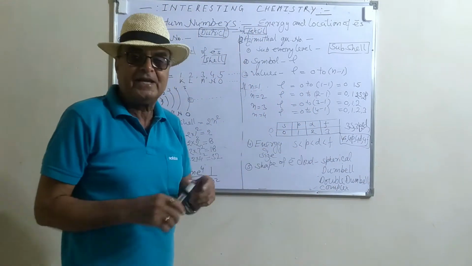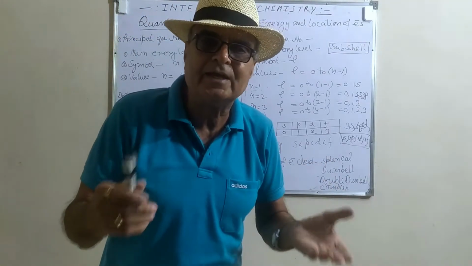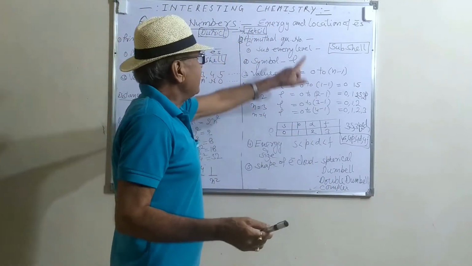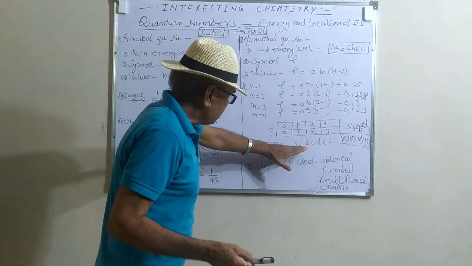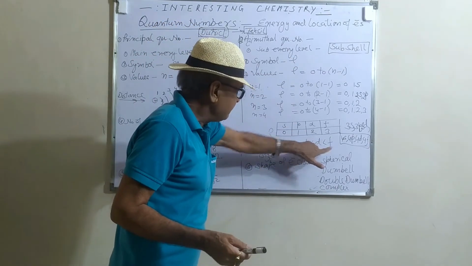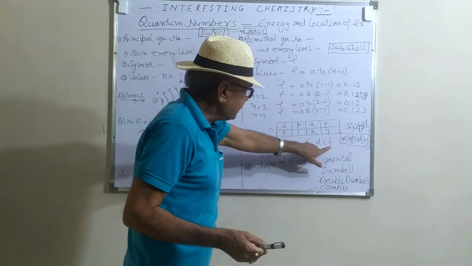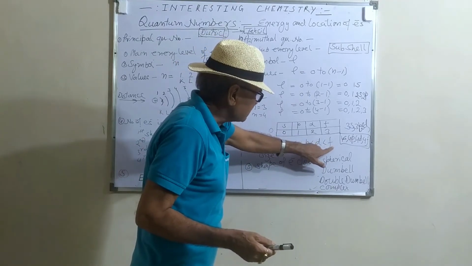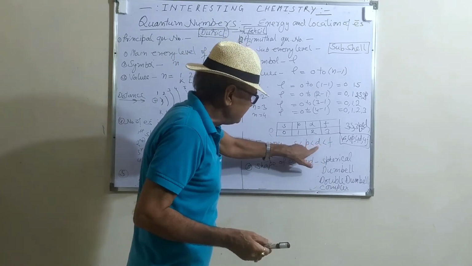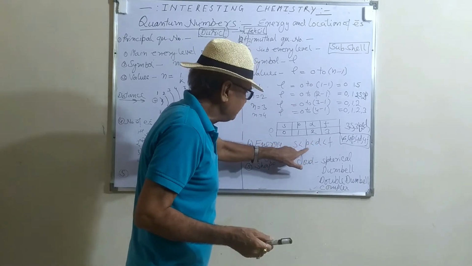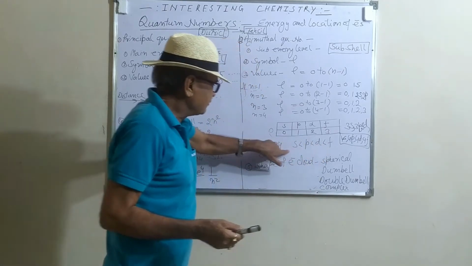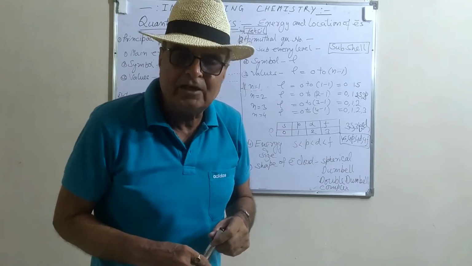Now I am telling you again, the energy level of these subshells: the energy of the F subshell is greater than D, D greater than P. This is the sequence of the energy level.